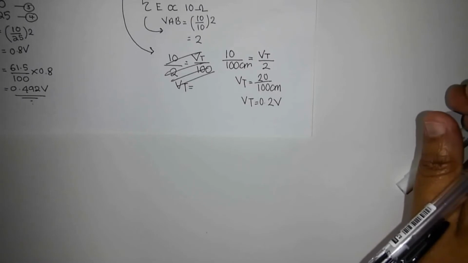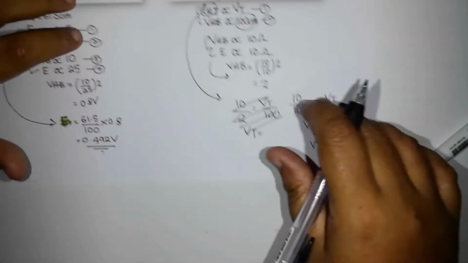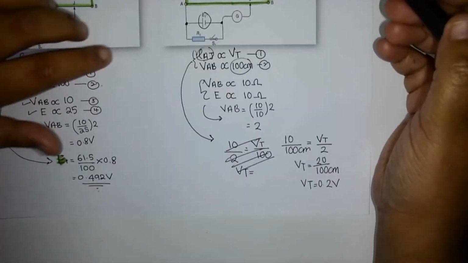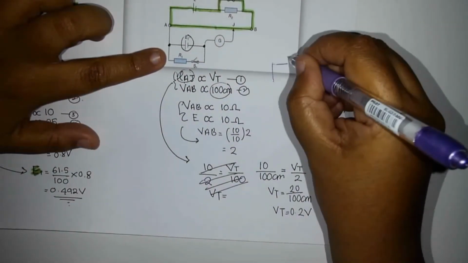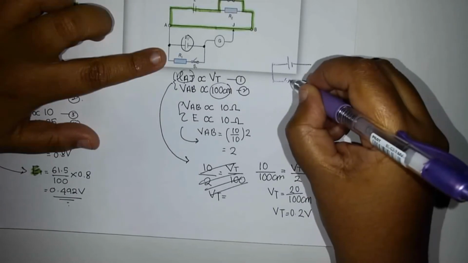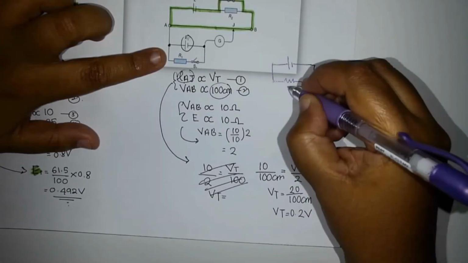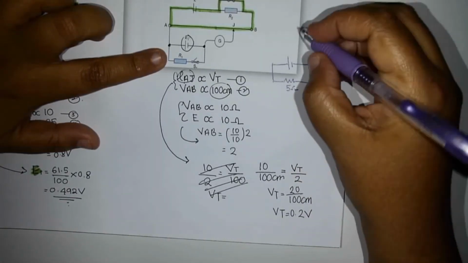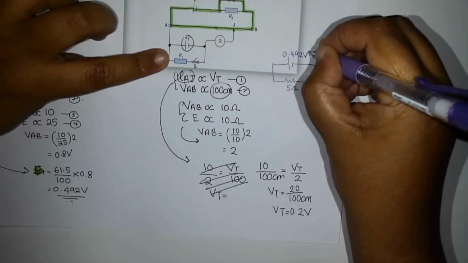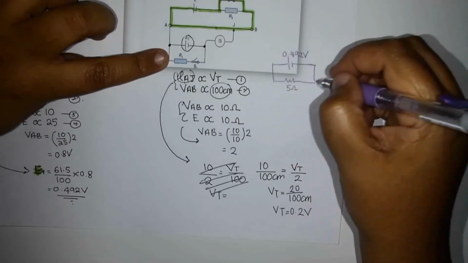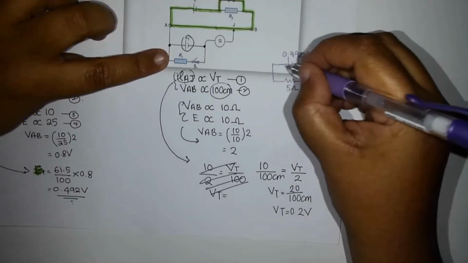Okay, so we already got VT, but we're going to measure the internal resistance which is inside here. So now we separately see the whole circuit. This is R1. Okay, R1 is 5 ohm. This one E1 is 0.492 volt, and then we have terminal voltage is 0.2.